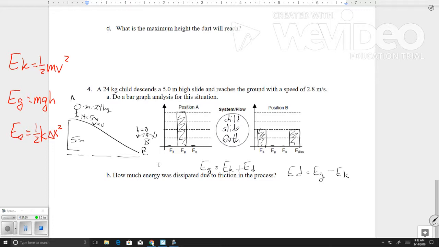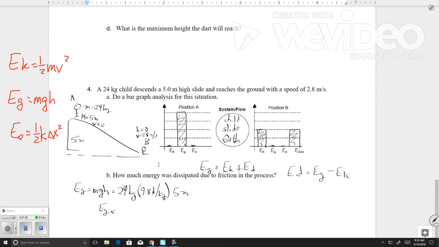Let's solve for that. I'm going to solve them separately and subtract them at the end. At the beginning, the gravitational potential energy is fairly straightforward. That's mgh. Child is 24 kilograms, gravity is 9.8 newtons per kilogram, height is 5 meters.